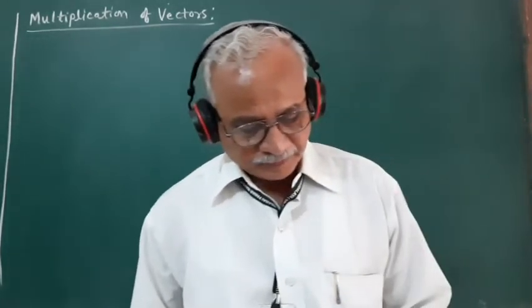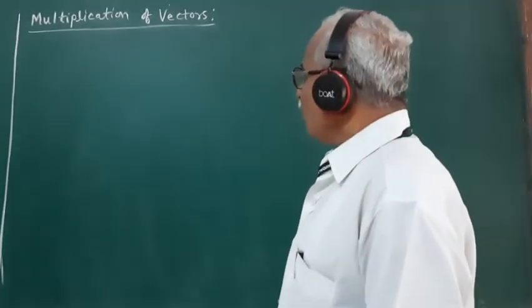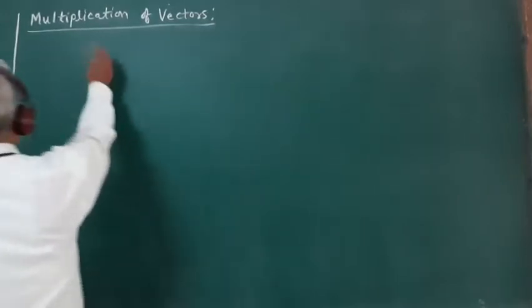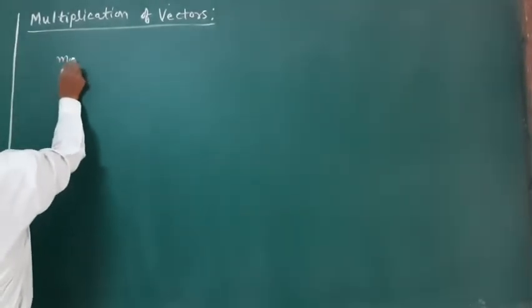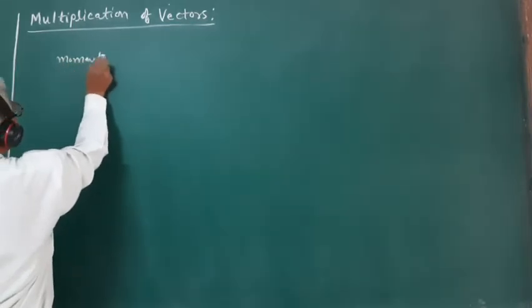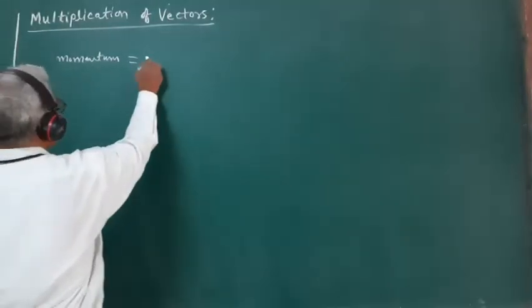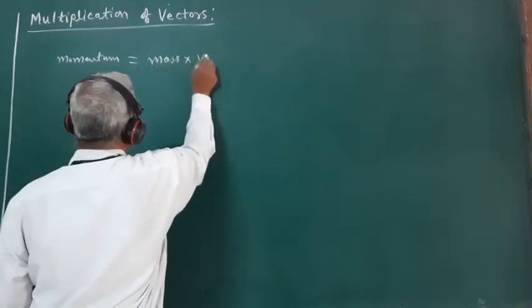Now, where do we come across such situation? Whenever we want to obtain the momentum, as we know that the momentum is expressed as the product of the mass of the body and its velocity.